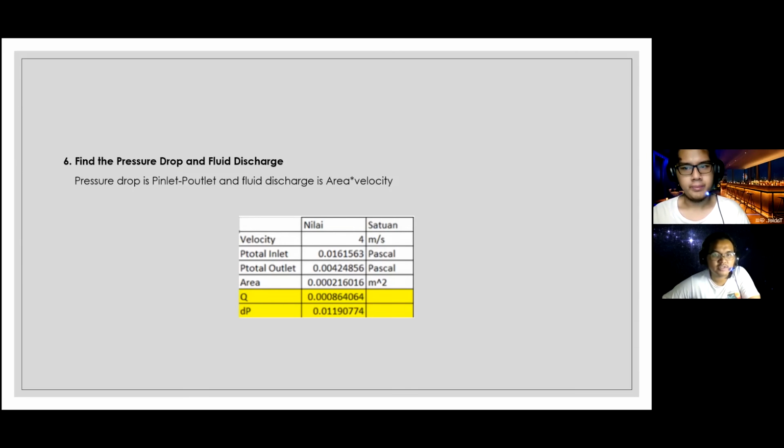Step 6, we need to find the pressure drop and fluid discharge. Pressure drop is P inlet minus P outlet, and the fluid discharge is area times velocity. For the pressure drop, we obtain 0.01190774, and the fluid discharge or Q is 0.000864064.